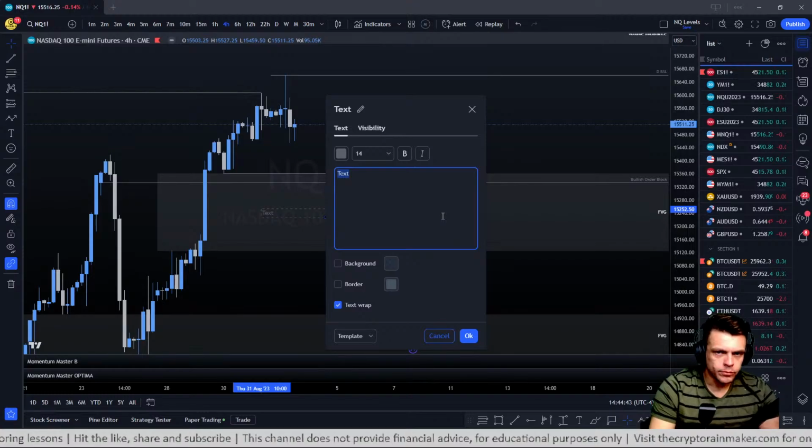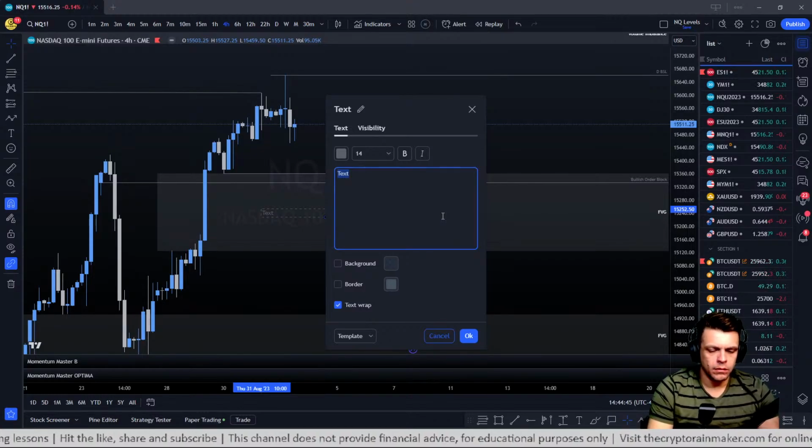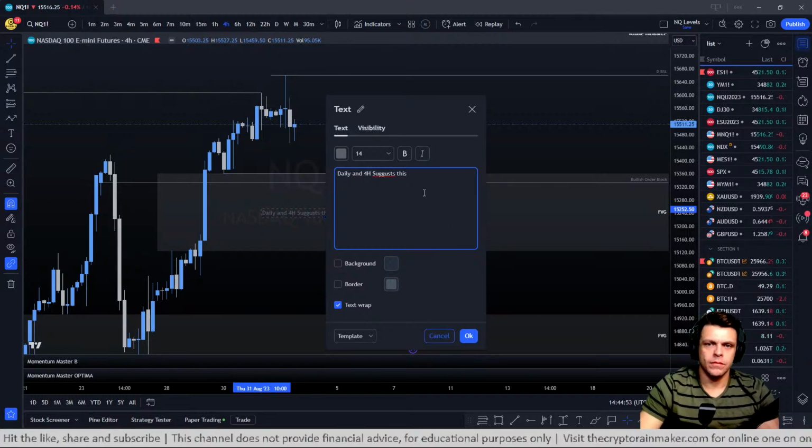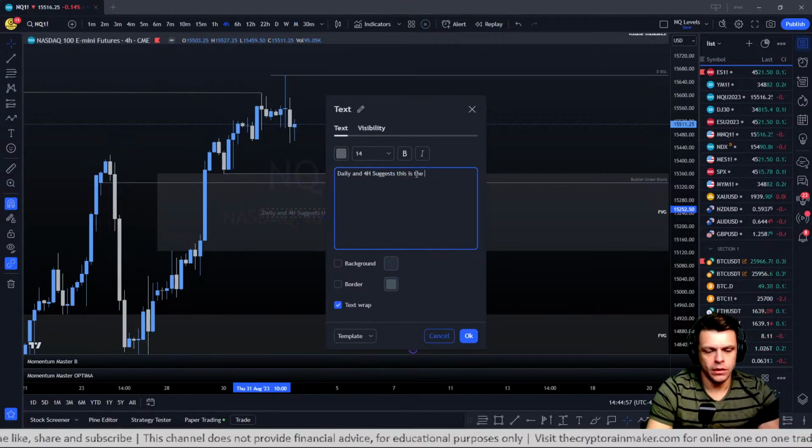All right, so the daily and 4 hour suggest this is the draw on liquidity.